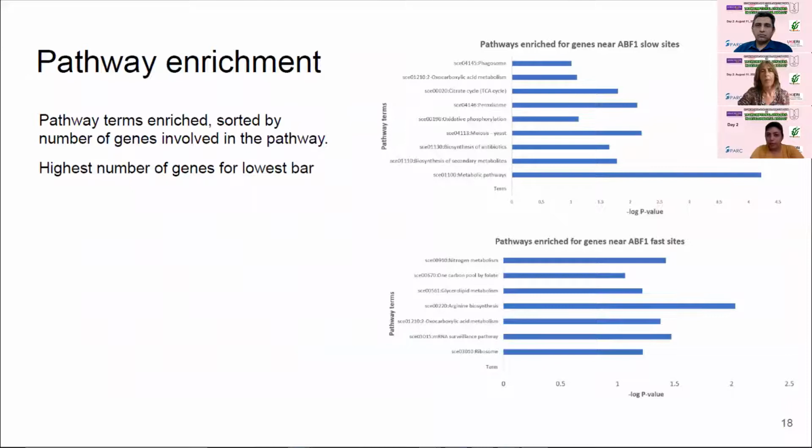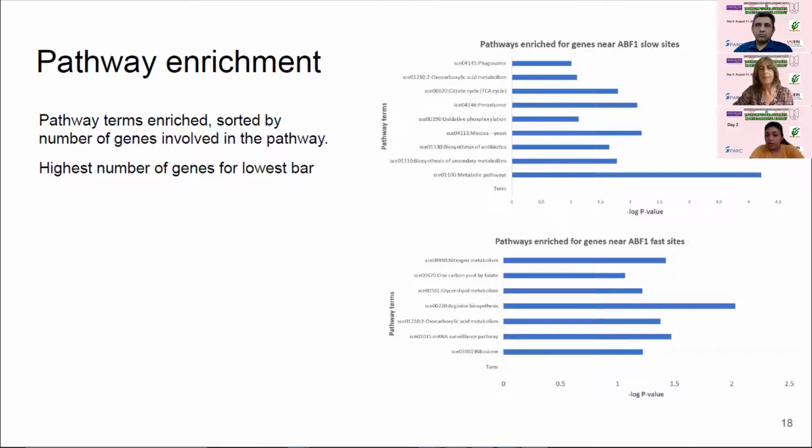When we compared the pathways that were enriched for the fast and slow sites, we saw that different pathways were enriched for the genes of the fast and the slow sites. You can see that there are some pathways that are common to both fast and slow sites, and there are some pathways that are different for the two.